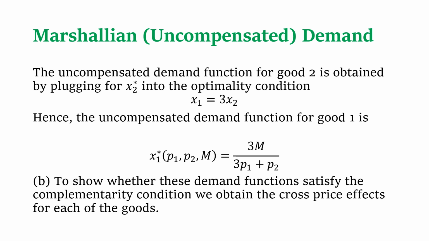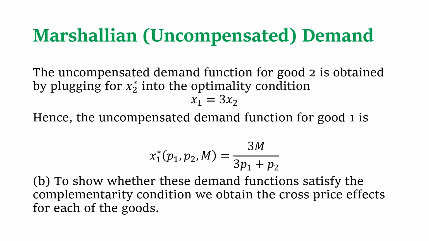Now, since we know the optimality condition, which says that x1 equals 3x2 from the utility function, the min of x1, 3x2, that means x1 is just equal to 3x2. Now, if they say 2x1 or 4x1, x2, the optimality condition is what? 4x1 equals x2. Simple.